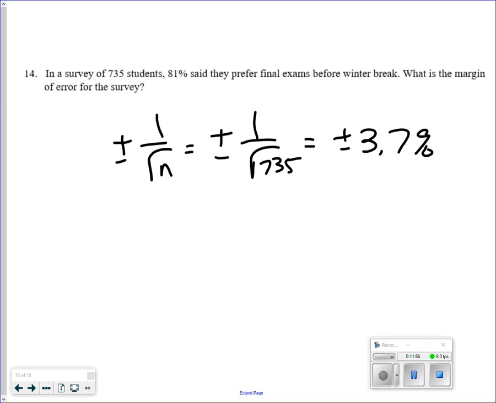So there's your margin of error. So even though your actual data would be one thing, hey, 81%, we can expect a margin of error of 3.7%. Now they're not asking this, but that means you could subtract 3.7%, so that would be the smallest value you should actually expect, and add 3.7%, and that would be the largest.